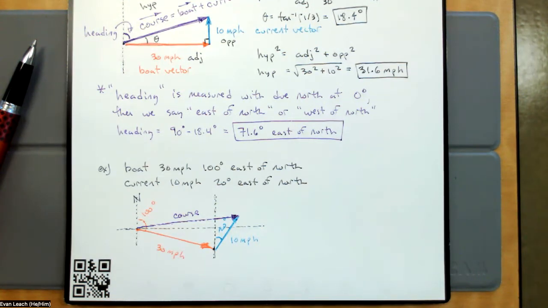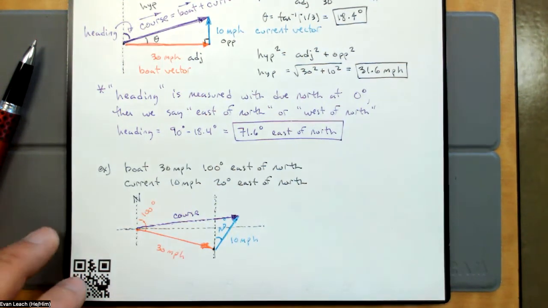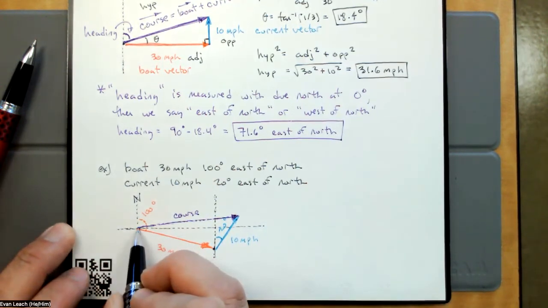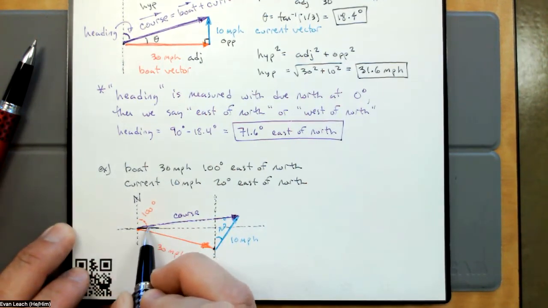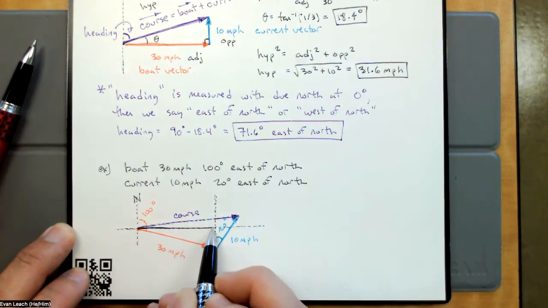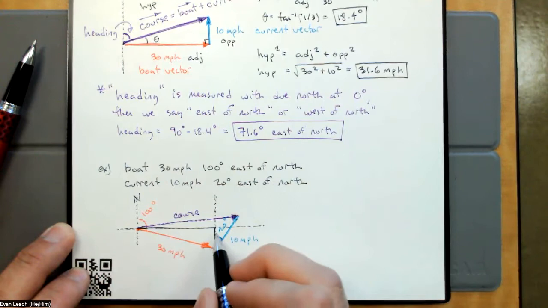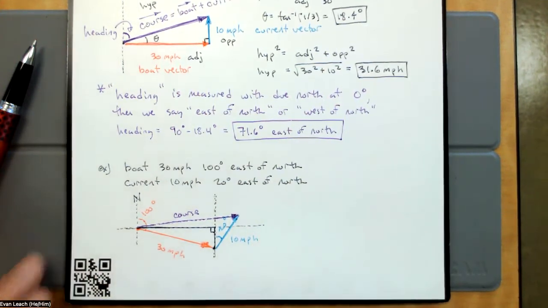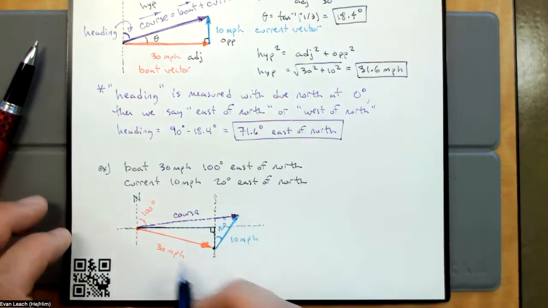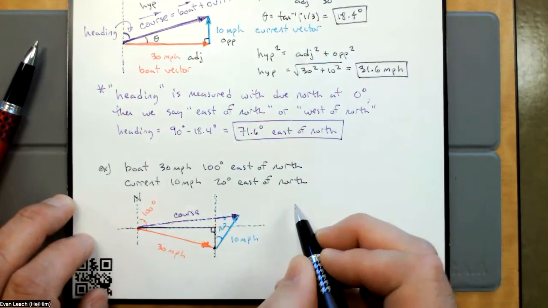So let's figure some stuff out. I want to look at this small section of the triangle, because here I can draw a right angle. So I'm going to pull out this piece of the triangle.